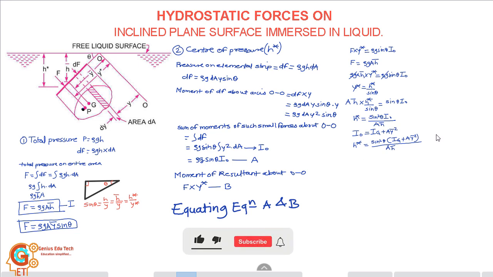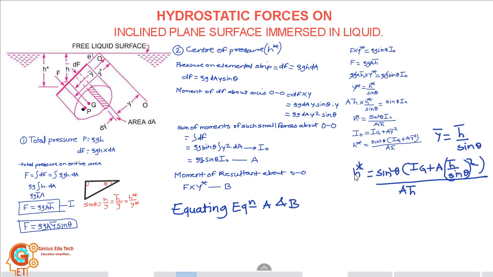But we know that y bar is given as h bar upon sin theta. So substituting in this equation, we get h star is equal to sin square theta into Ig plus A as it is, and instead of writing y bar, we substitute h bar upon sin theta the whole square. Now opening the bracket, we get sin square theta into Ig upon A h bar plus A h bar square upon A h bar, as sin square theta and this sin square theta get cancelled.